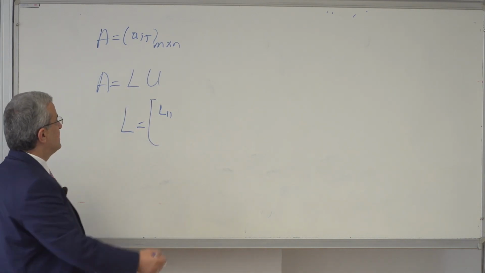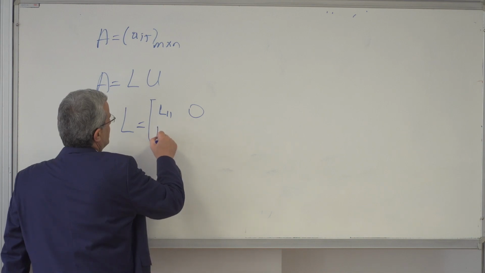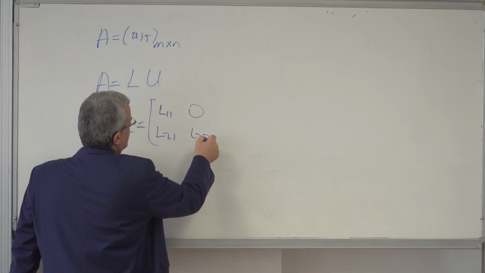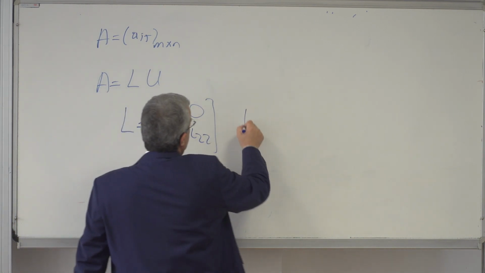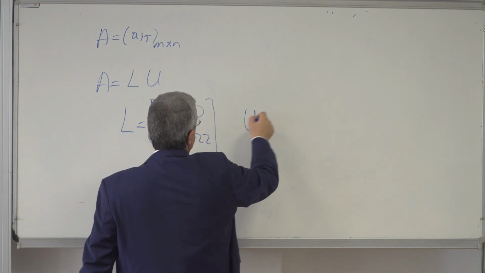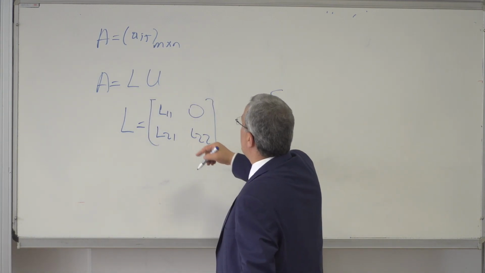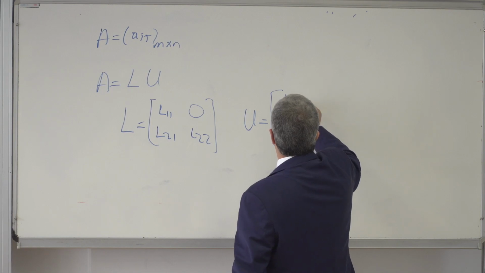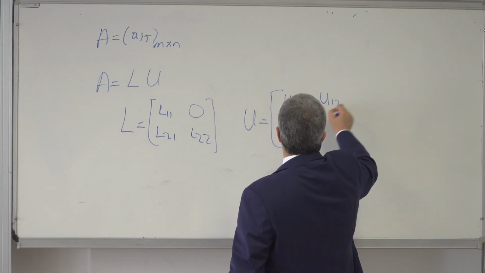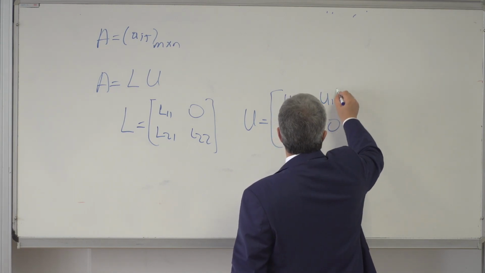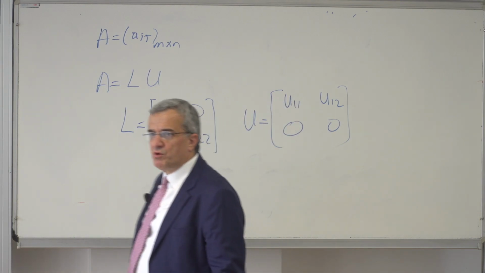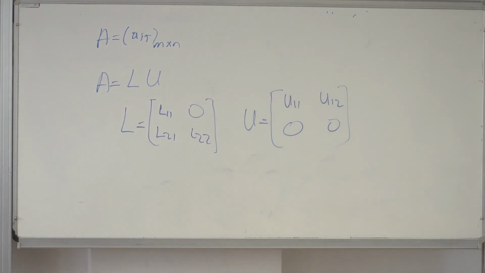And U, I will tell you what this partition is: U11, U12, 0, 0. So this is the most general form you can have in L and U, okay?